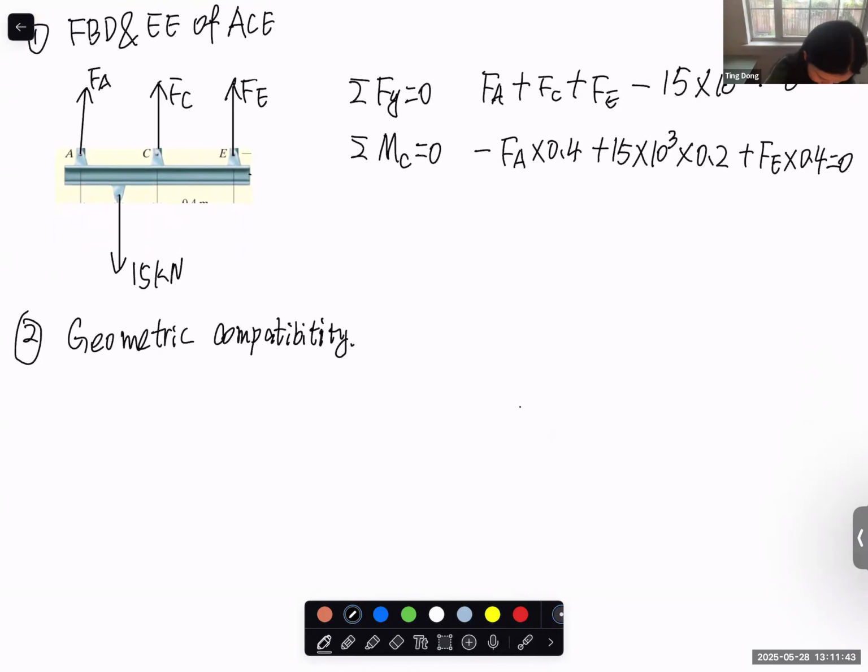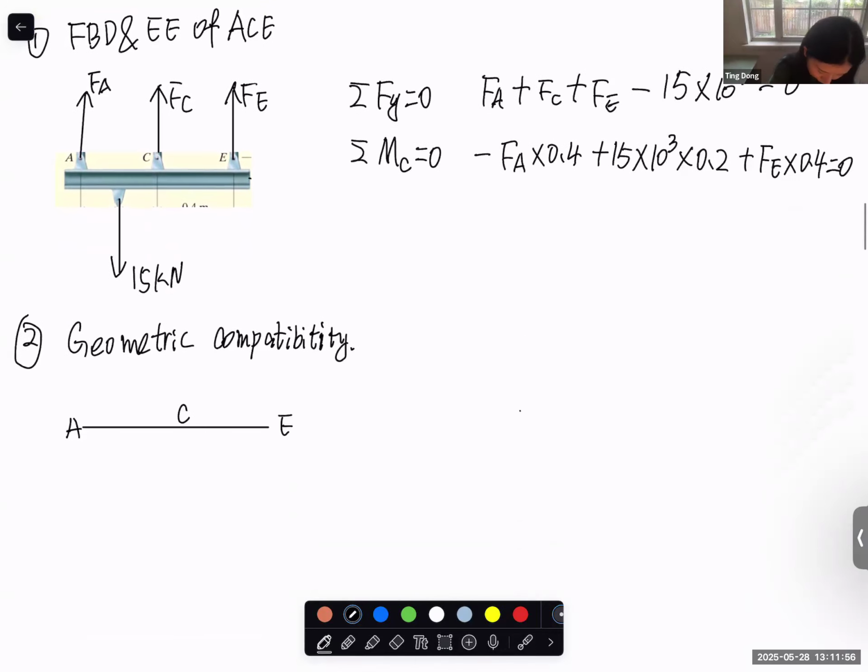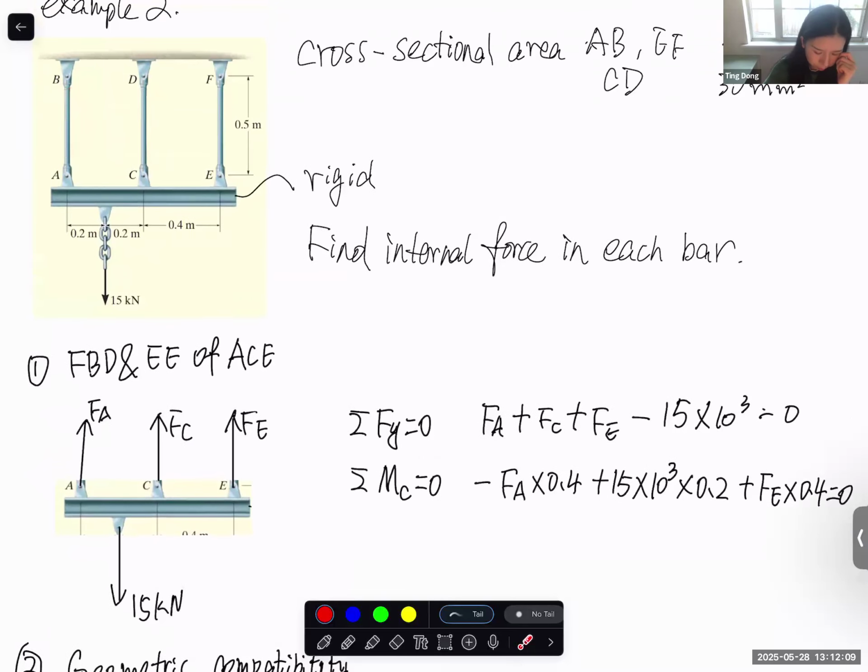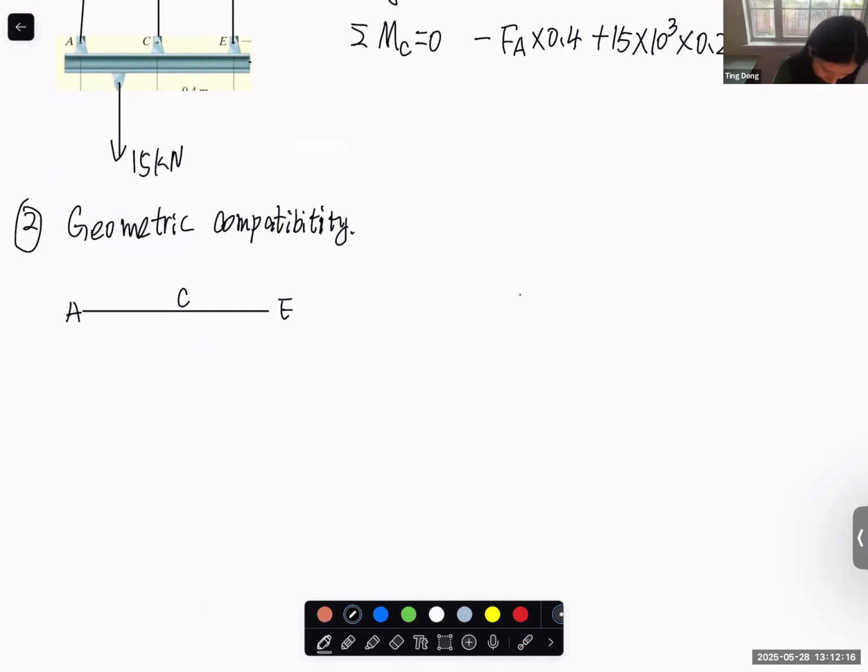Let's say originally this ACE bar is on a horizontal line. C is the middle point. After deformation, because the force is applied between A and C, you could expect that the elongation in the AB bar should be larger than in the EF bar, right? So, exaggerating the deformation, let's say after deformation it looks something like this. A moved to A prime, C moved to C prime, E moved to E prime.